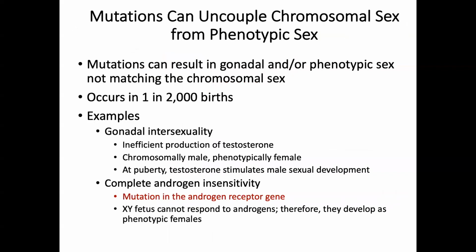We also learned about androgen insensitivity, and I showed you this slide in lecture 9. At that time, we did not mention what kinds of mutations in AR could lead to androgen insensitivity. There are mutations happening in this gene.